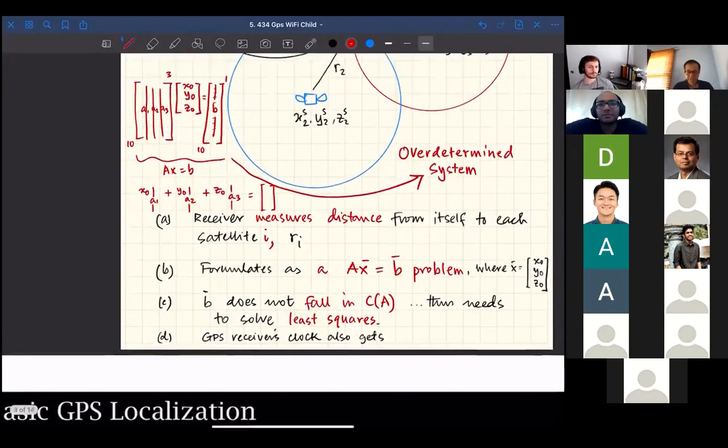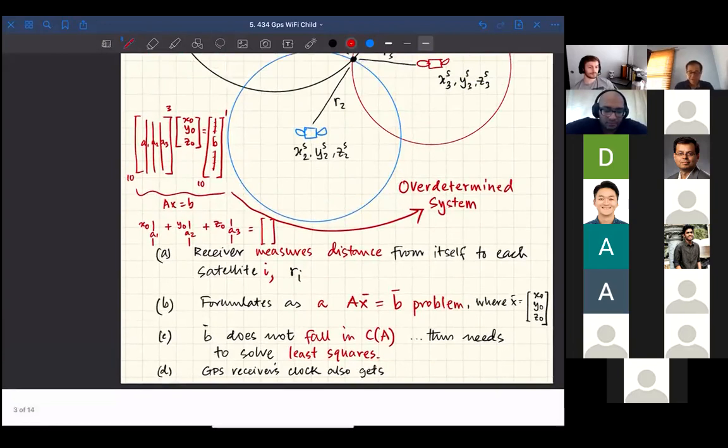Okay, good. So now GPS would solve least squares. And in addition to that, the GPS receiver's clock also gets synchronized to the satellite. This is an additional benefit.